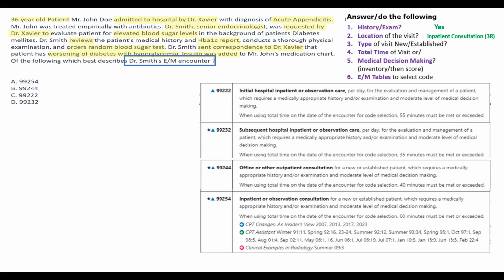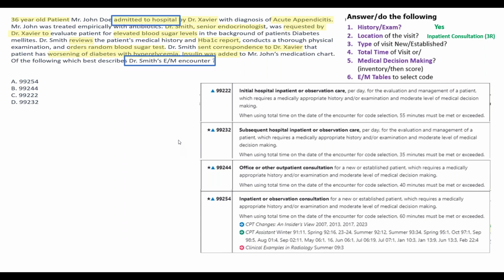The patient was diagnosed with worsening of diabetes mellitus with hyperglycemia, and insulin was also added to the medication chart. So that means this is an inpatient consultation visit.